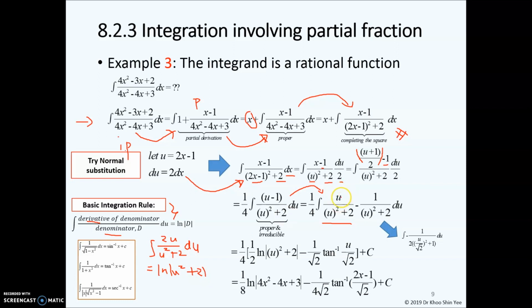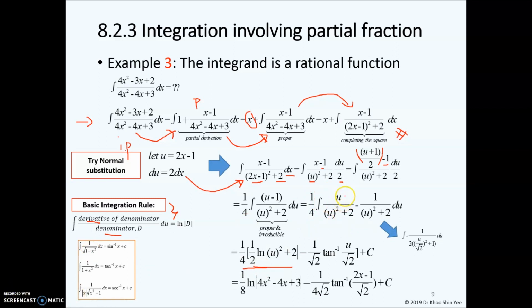Since in this case you only have u, you have to multiply this whole thing with 1 over 2. So this is your answer. Therefore you get 1 over 2 ln of u squared plus 2. So don't forget your 1 over 4, you multiply inside, so you get the answer for this term.